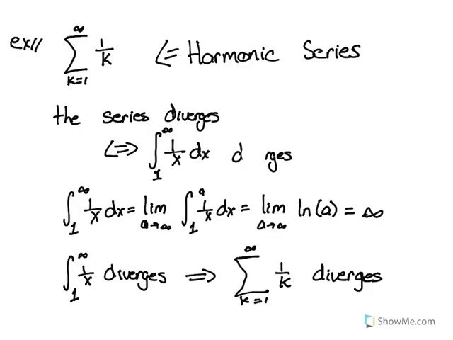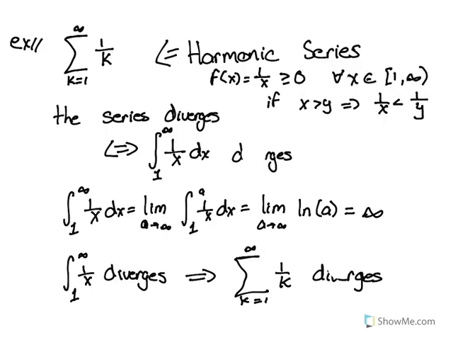It's very important that when we use a theorem, we check that the conditions for the theorem are met. So in this case, f of x is equal to 1 over x, which is of course greater than or equal to 0 for all x in the interval 1 through to infinity.